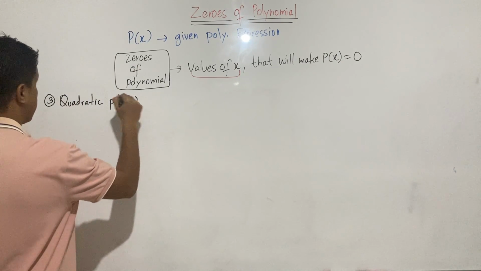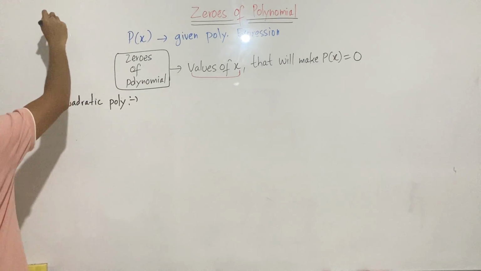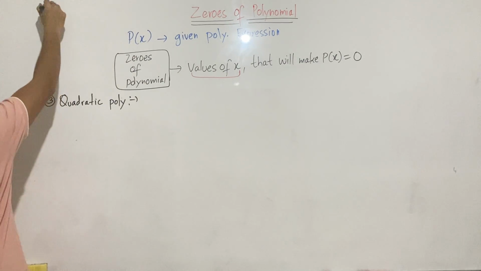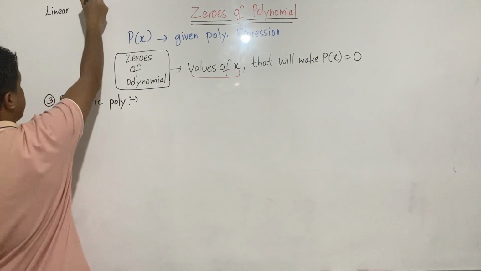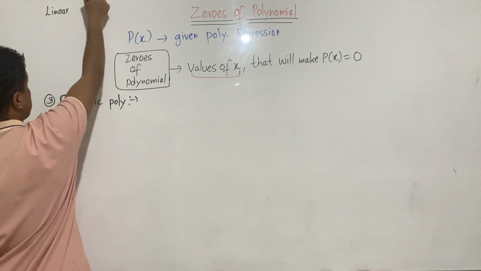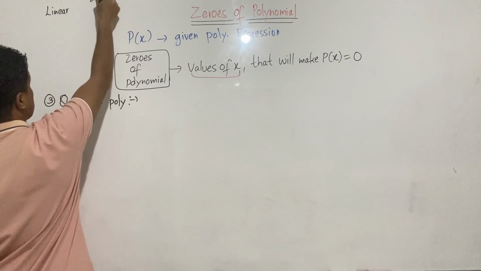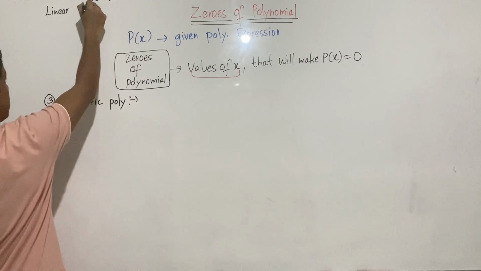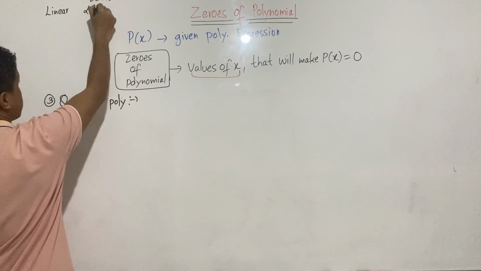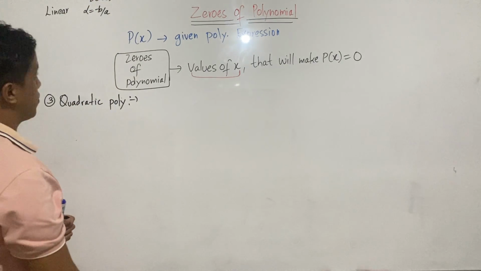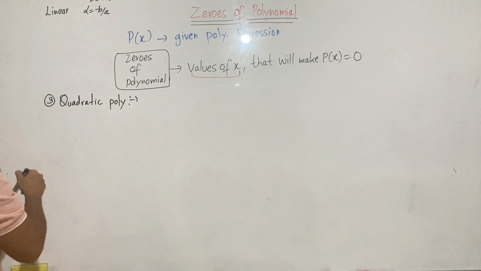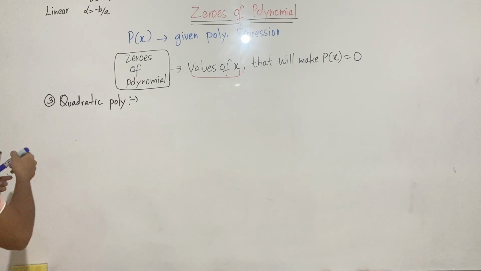Here I am going to summarize everything. For linear, the zero alpha is minus b by a, right? Okay, now for quadratic.